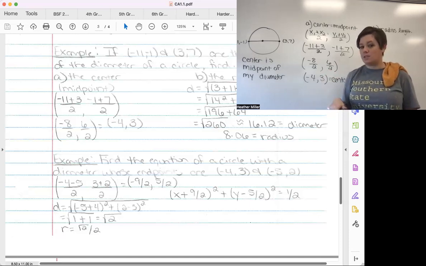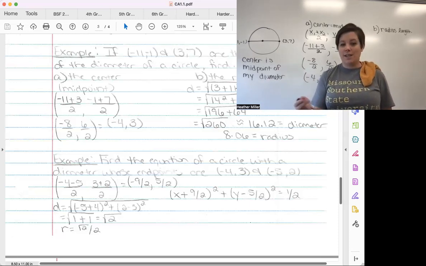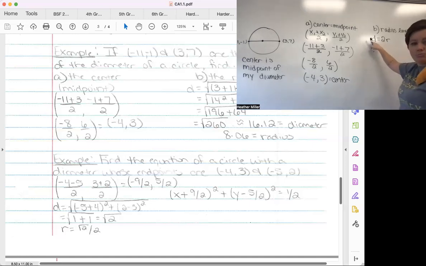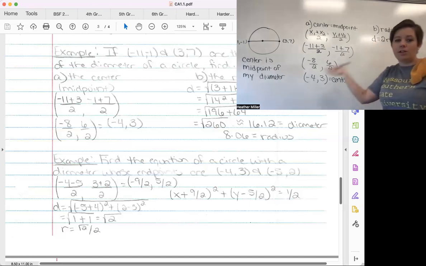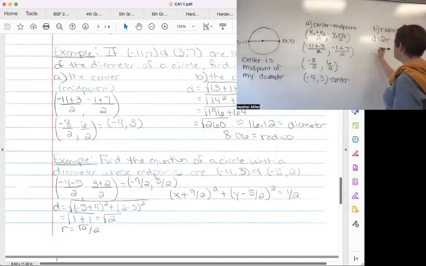So it is a little bit safer to use the two points that they give you and then just divide in the end. Because remember, diameter is 2 times r. So if the distance of the diameter is what we're going to find, that's okay. We just at the very end divide whatever our diameter distance is by 2.